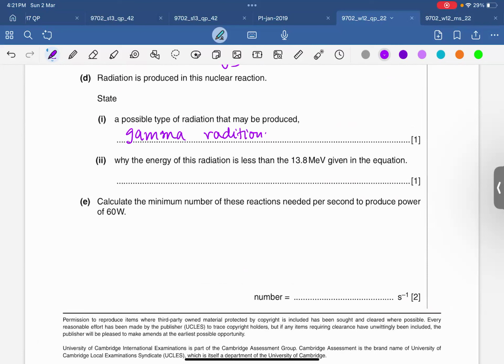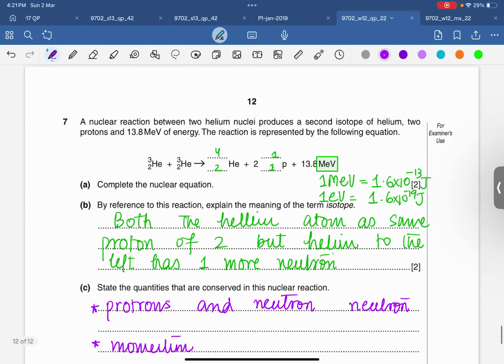Why is the energy of this radiation less than the 13.8 mega electron volts given in the equation? Because the product will also have some kinetic energy as well. The reactants will be moving, the product will also be moving, and they also emit the gamma radiation while moving.